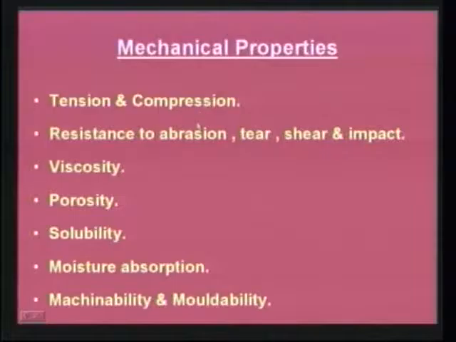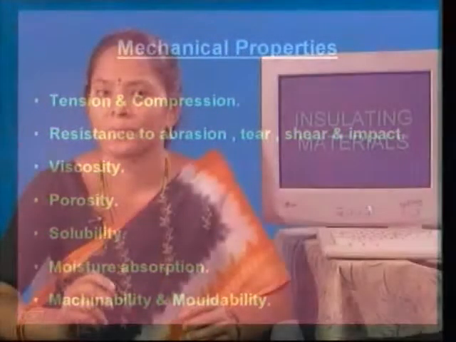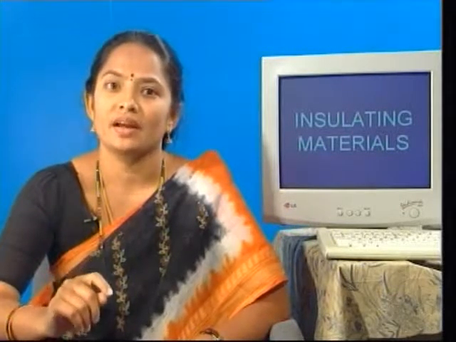We look into each of these in detail. Tension and compression. The conductors of transmission and distribution system and overhead lines are supported by means of insulators to avoid leakage of current through the supports to the earth. When a tension exists on it, it should be able to withstand and should not give way mechanically.